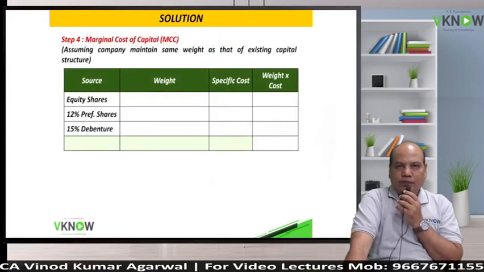Now write down step 4, which is our next question. Compute marginal cost of capital. Write down MCC. Don't write W, just write MCC.